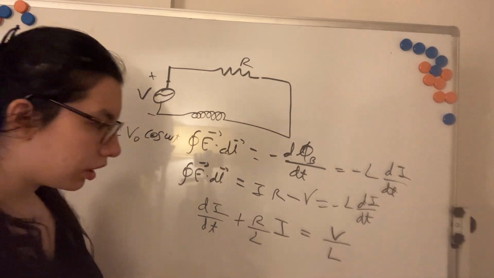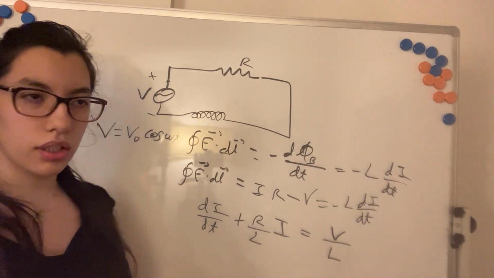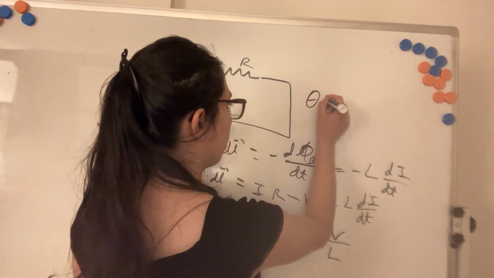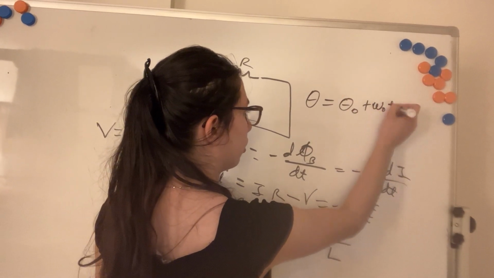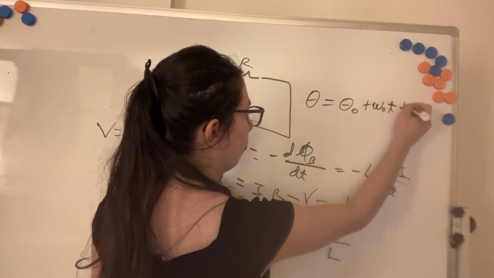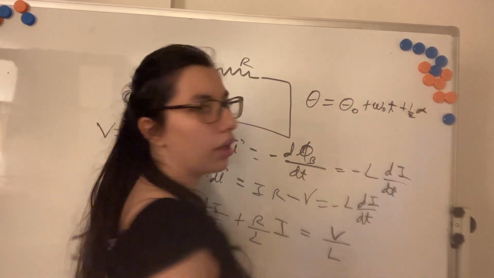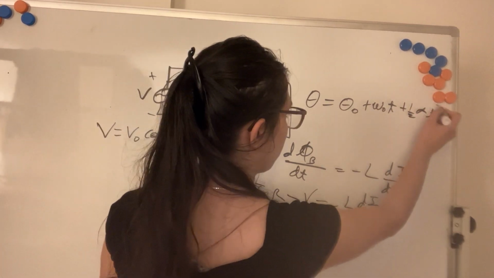Remember that omega t is theta in the case that theta is equal to theta original plus omega original t plus one half of the angular acceleration times the time squared.